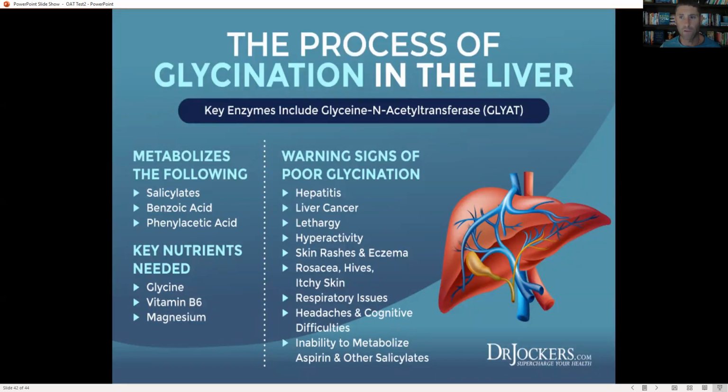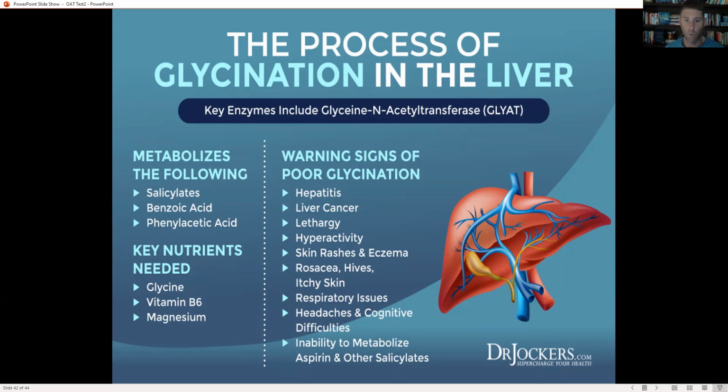So the process of glycination is one that the organic acid test can pick up. And so it's important for salicylates, breaking down benzoic acid, phenylacetic acid, which you can find in processed foods and certain drinks and stuff, and some cosmetics and things like that. Key nutrients needed: glycine, B6, magnesium.